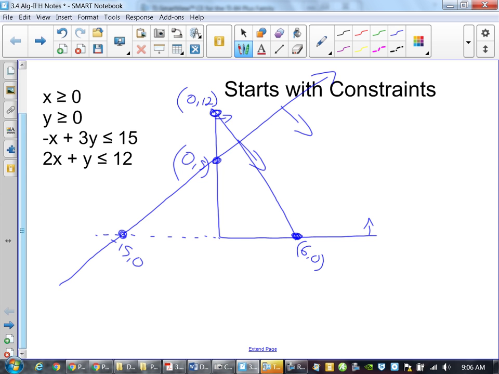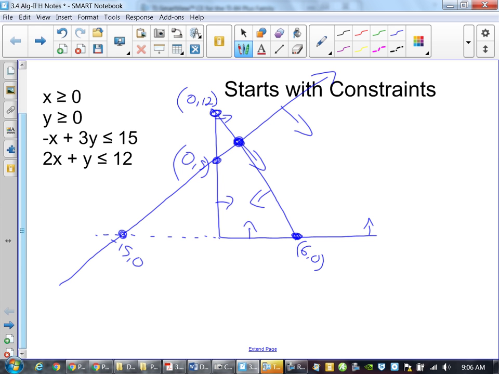Now, notice one thing. I intersected this other line here. I don't know what that ordered pair is, but I'm going to figure that out. But I'm going to shade it. Where am I going to test it at? 0, 0. What's 0 plus 0? 0. Is it smaller than 12? Yes.